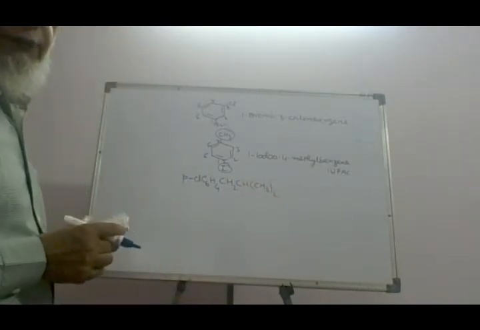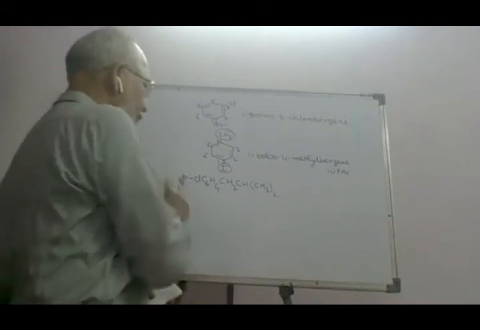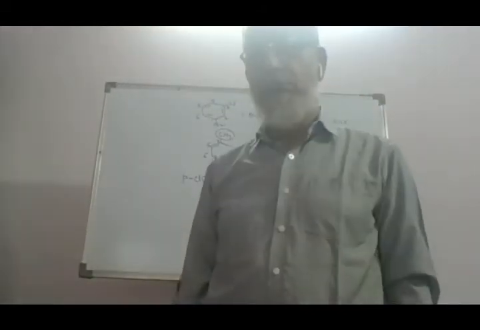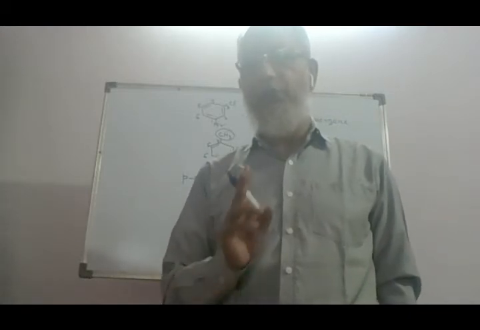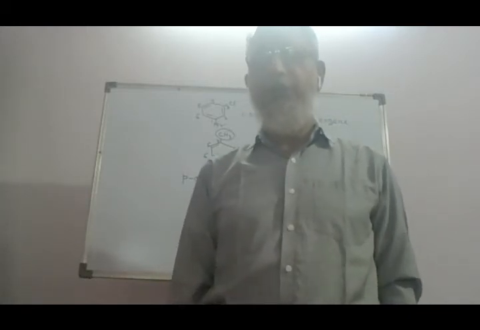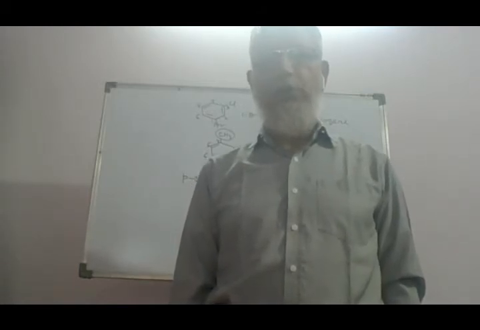If this type of situation comes where there is P, O, or M, then P stands for para, meaning 1-4 position. There are 2 substituent groups present at 1-4 position with respect to each other. If it is M, meaning meta, 1-3 position, and if it is O, it means ortho, 1-2 position.